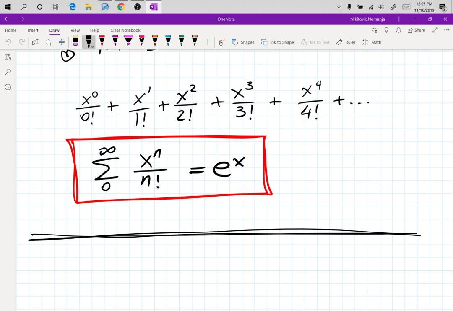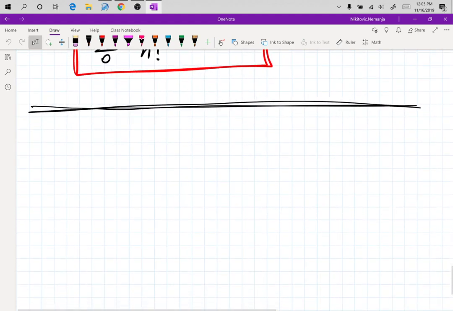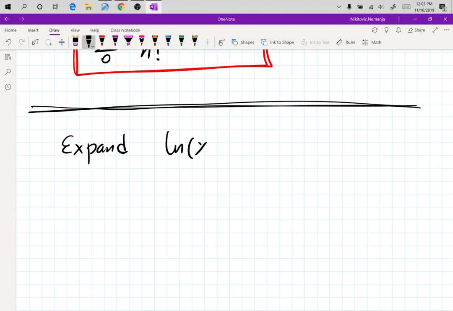Now let's go and expand away from 0, right? Expand around 3, expand around 7, or whatever else. So what should we expand? How about we expand ln of x plus 1 about 2.